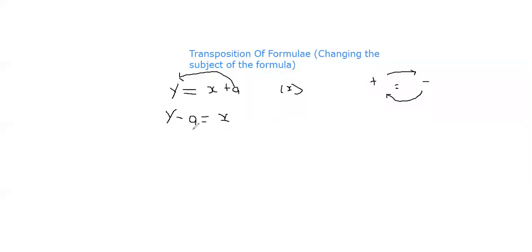Therefore, X is the subject now. We say X is equal to Y minus A. So take this down.